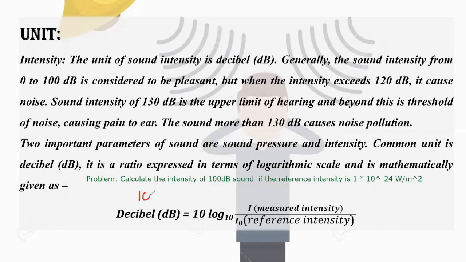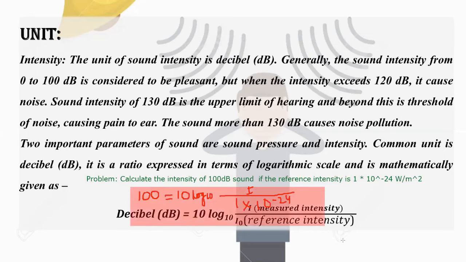100 dBA sound, that means here we'll write 100 equals 10 log10 of I by I0. Here I is the measured intensity, I is to be found, whereas I0 is given as 1 × 10^-24. Now tell me, can we very easily find the value of this?